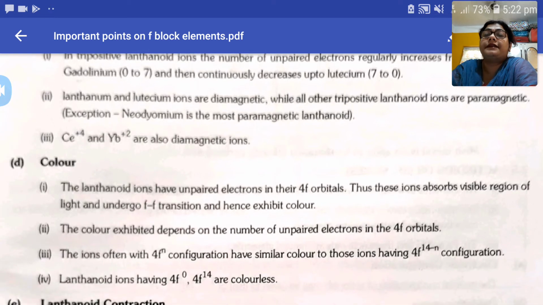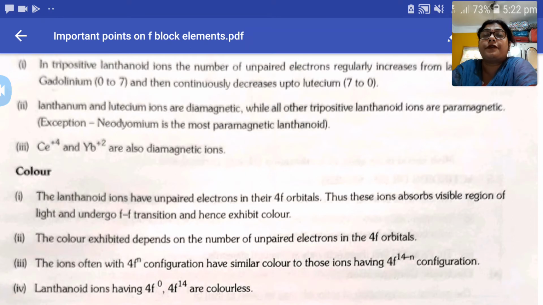Next comes the color. The lanthanoid ions have unpaired electrons in their 4f orbitals. Thus these ions absorb light in the visible region and undergo f-f transition, and hence exhibit color. Like in transition elements, we have seen that d-d transition is responsible for the transition ions becoming colored.